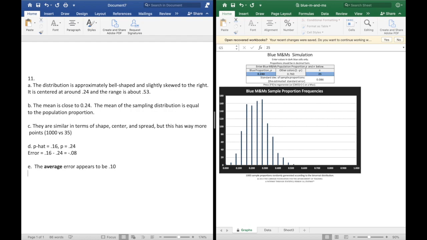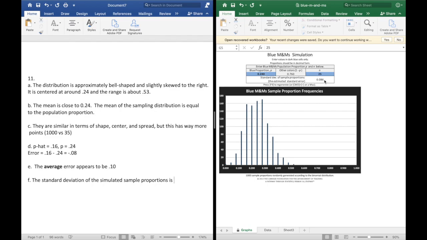Okay, so now part F says, the simulation displays the standard deviation of the simulated sample proportions. This can be used to describe the spread of their distribution. What is this value? So the standard deviation of the simulated sample proportions is what?